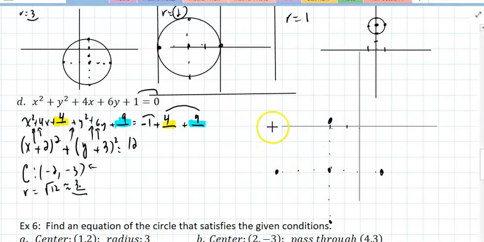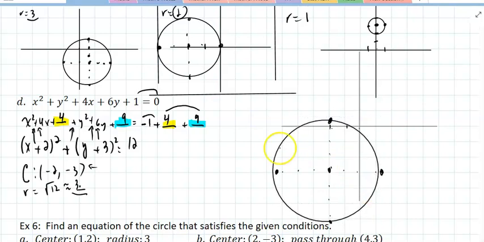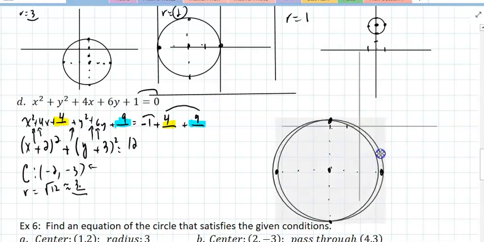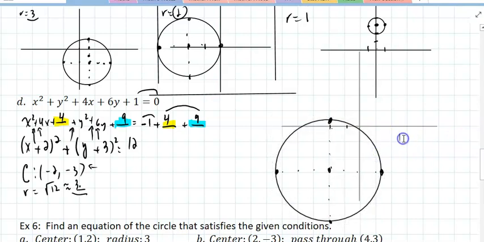And if I connect those with a smooth curve, there it is, something like that.